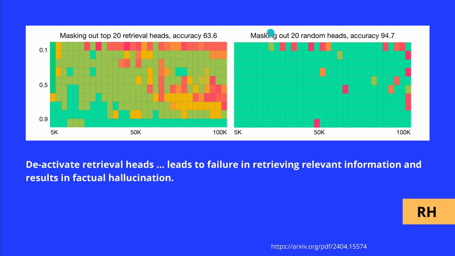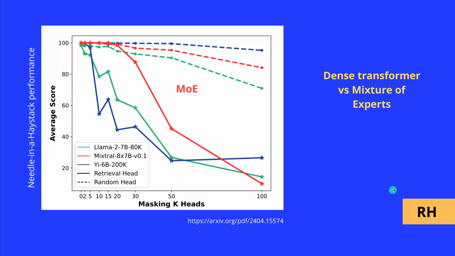If, on the other side, you just mask out some other heads of the system, the accuracy falls a little bit, but we are still at almost 95%. So you see, those retrieval heads for information retrieval, like say in a RAG system, retrieval augmented generation, are of significant importance for our system.